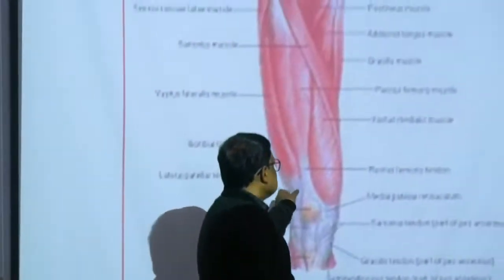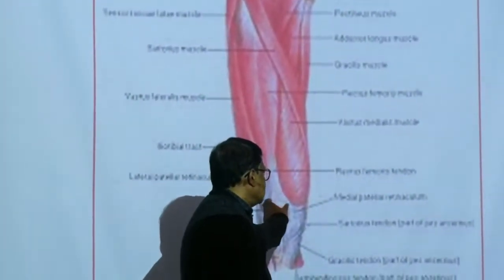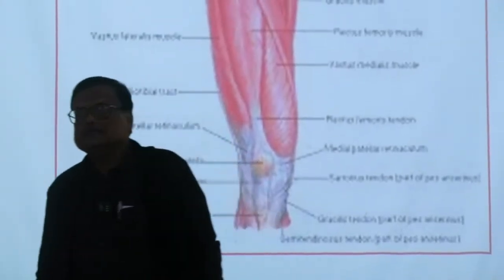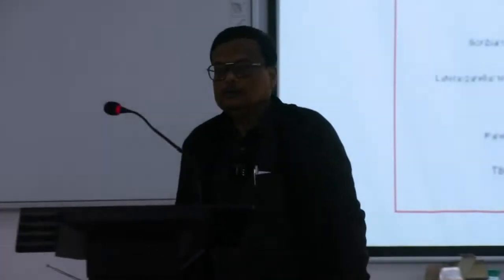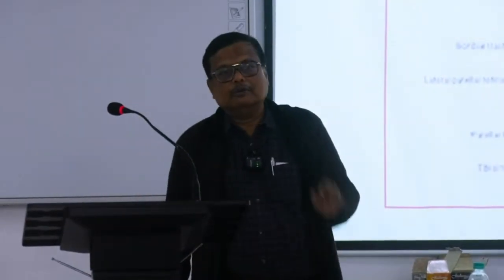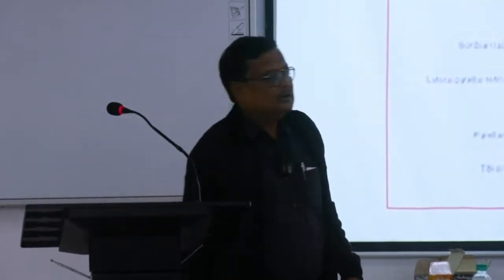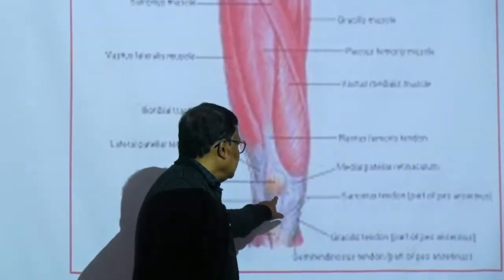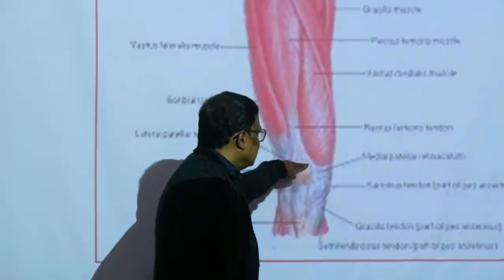The patella: this now becomes tendinous, and within the tendon there is a bone, we call it the patella. It is a sesamoid bone, which has an anterior surface and a posterior surface. On the posterior surface there are facets, about 7 facets. For those of you who have studied the patella, this is known as the apex of the patella, this is the base.